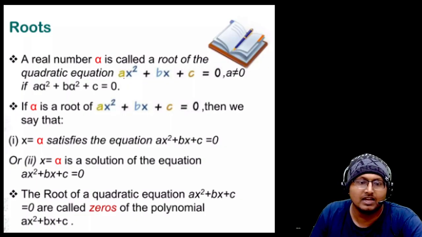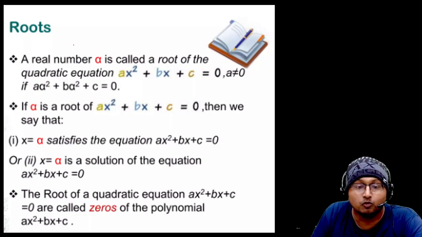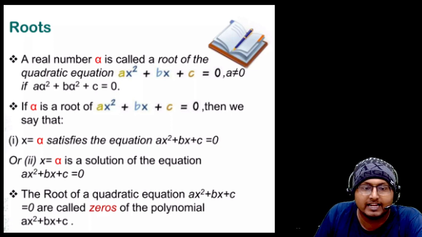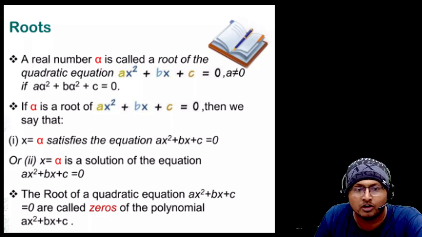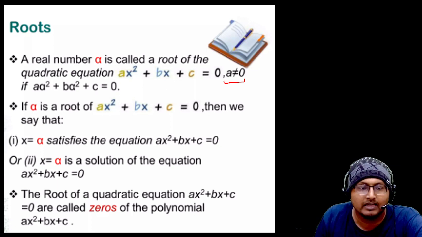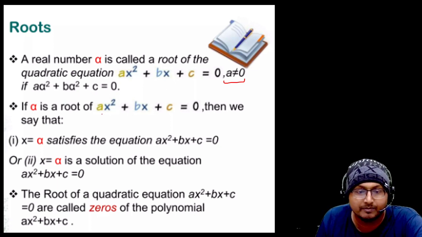So let us see what roots mean. A real number alpha is called a root of the quadratic equation ax square plus bx plus c equal to 0, where a is not equal to 0, if a alpha square plus b alpha plus c equal to 0. What does that mean?